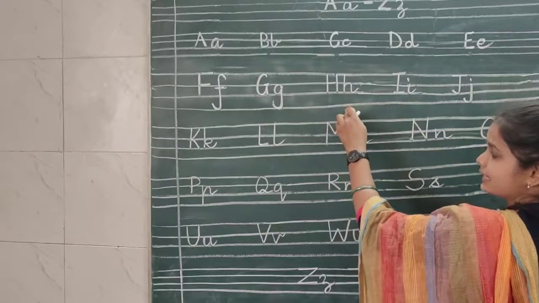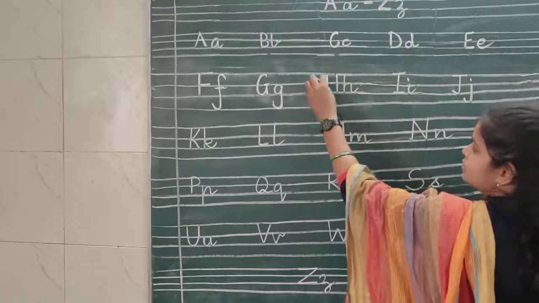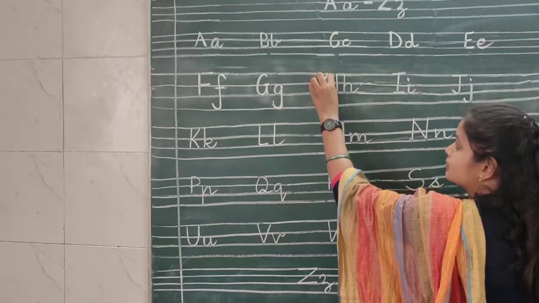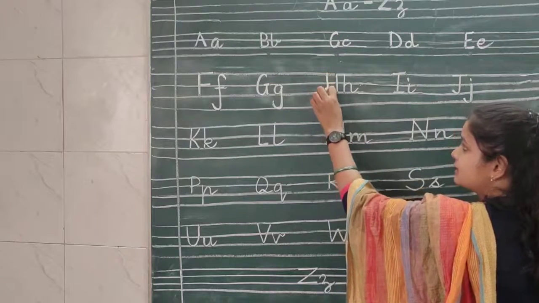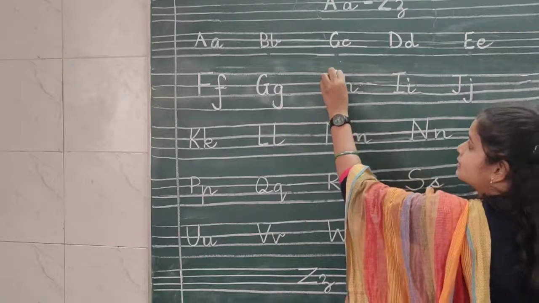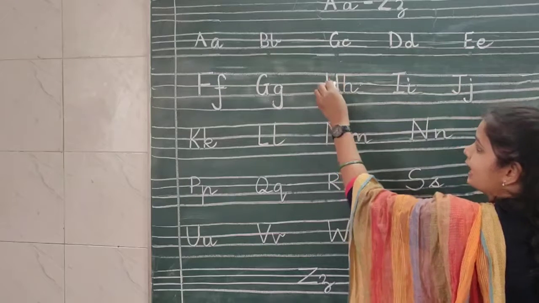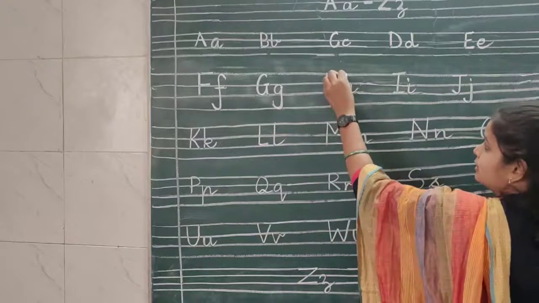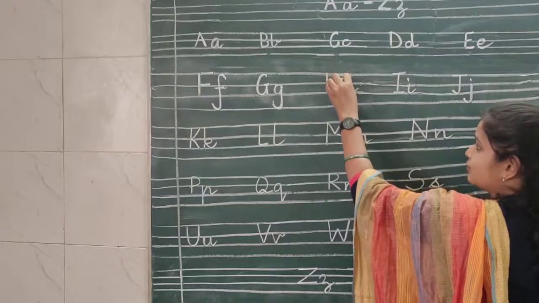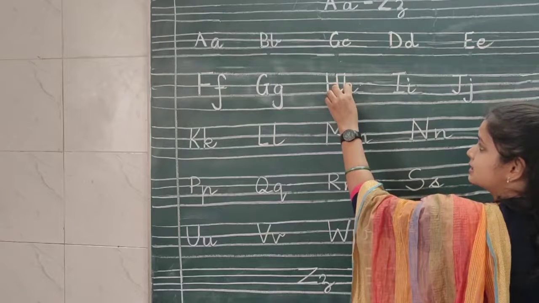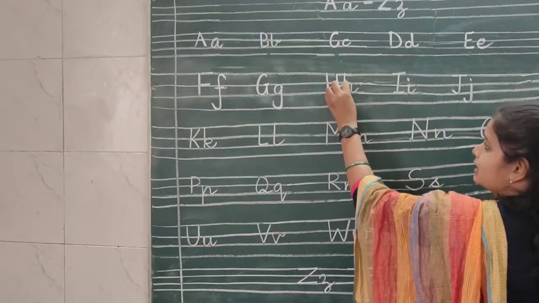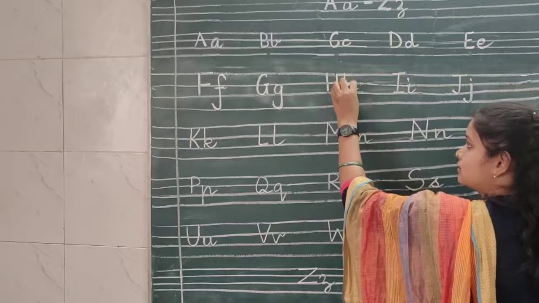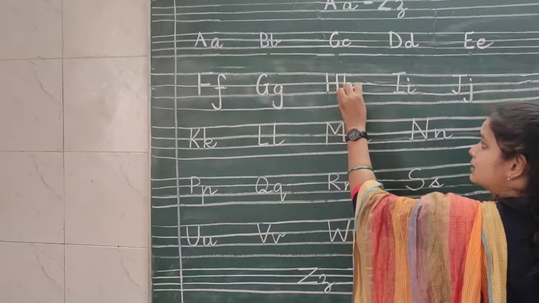Now coming to the next letter, that is H. So we will start from the first line, straight line, then again one straight line and a cut in the middle. This is H. Now small h, starting from the first line till the third line, then back again, a small curve, down and a kick.